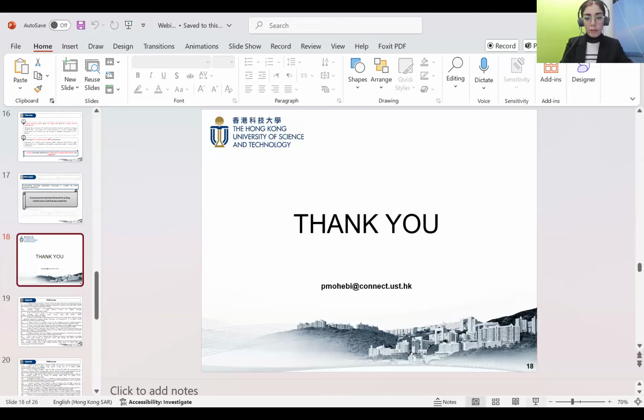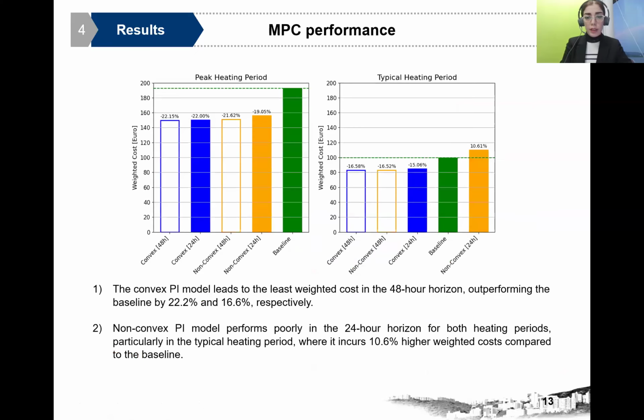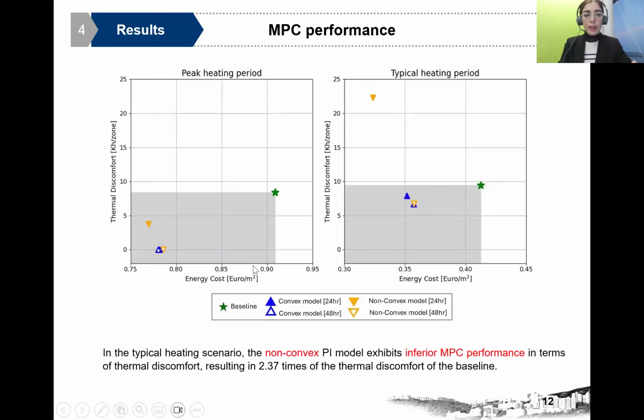The convex, let me share my screen. The issue is that when we use the convex parameter identification, we reach results that guarantee that we will stay in the feasible region for the MPC.